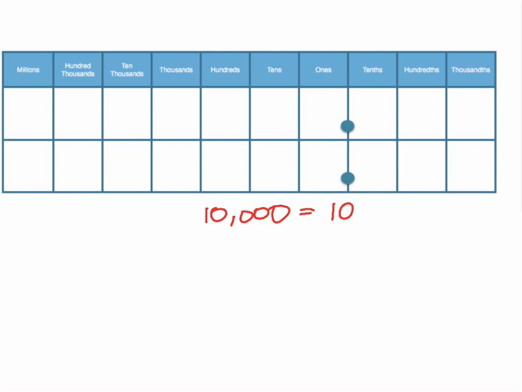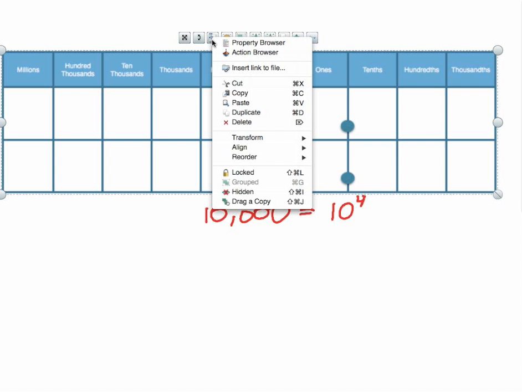Exactly. So this is where you need to use your best handwriting because you're going to have a raised number and it's going to go up above. So the answer to 1A is 10 to the power of 4.